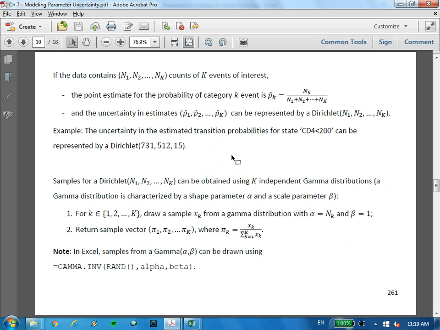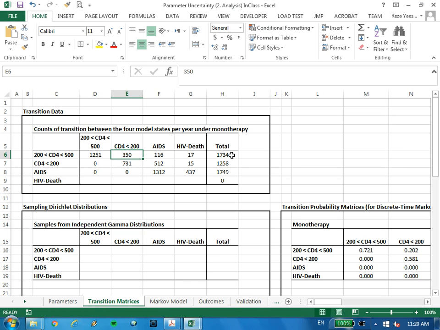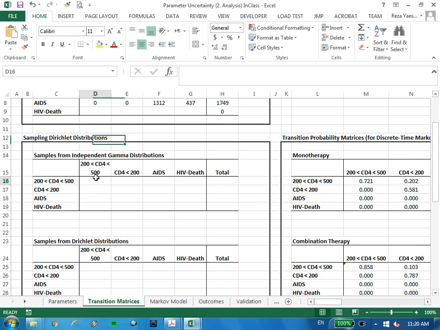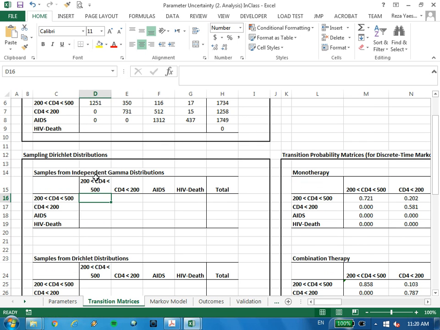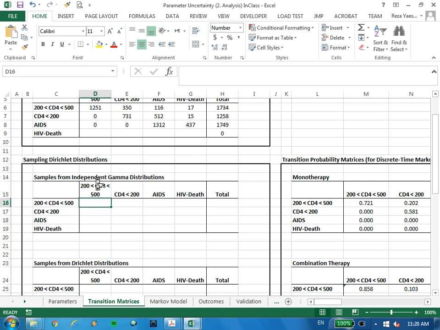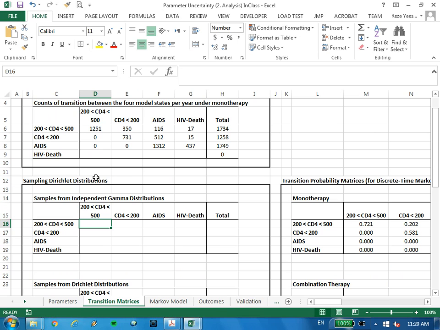So it involves two steps. If you go back to the transition matrices, the first matrix is the data that we got from the UK, right?